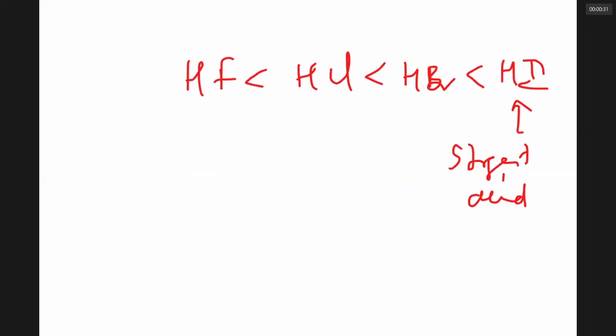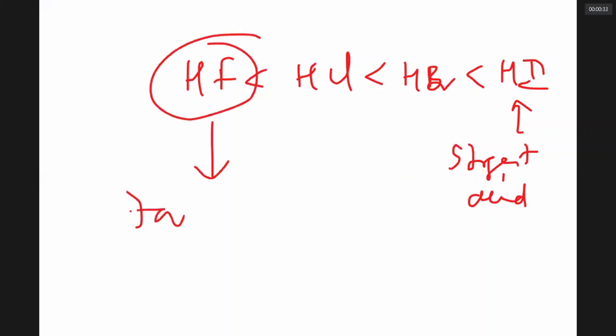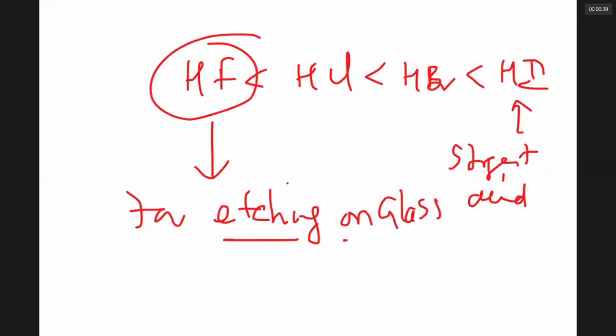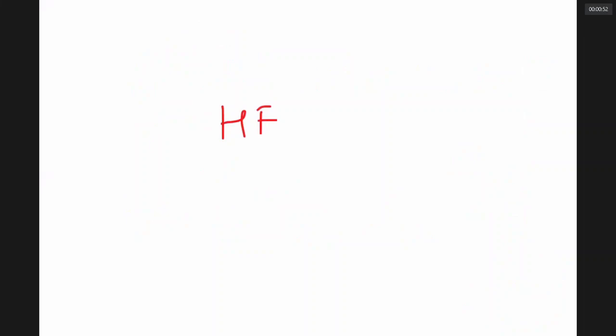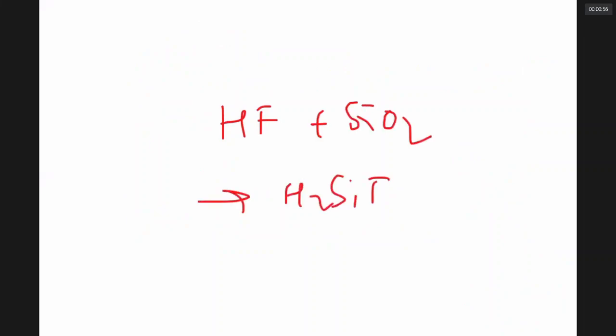Do you know that HF is used for etching on glass? Sir, do you know what you mean by etching? Writing on glass. If you want to write your name on a glass bottle, you can use HF. Notice that HF can react with the sand to give you H2SiF6 and of course 2H2.